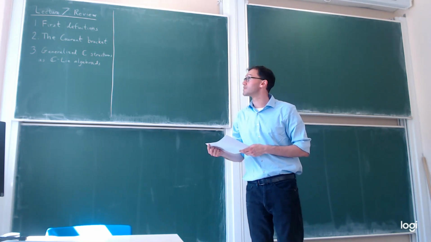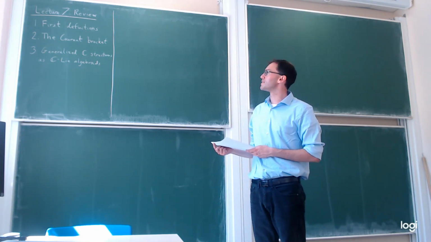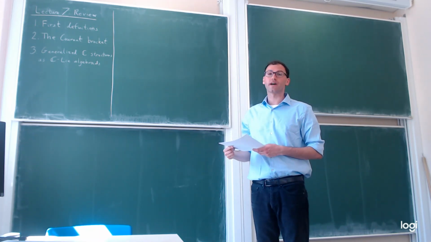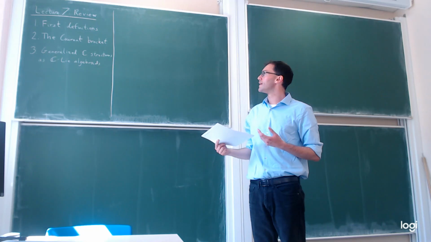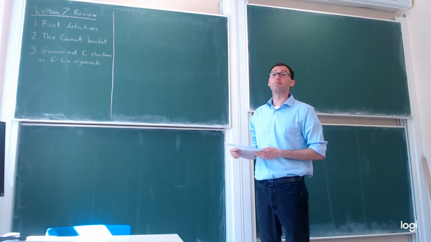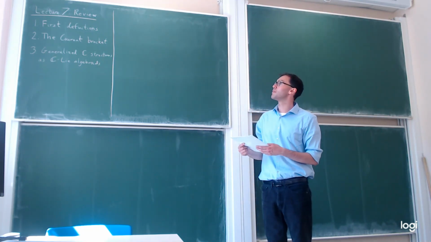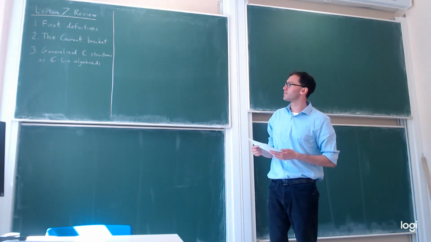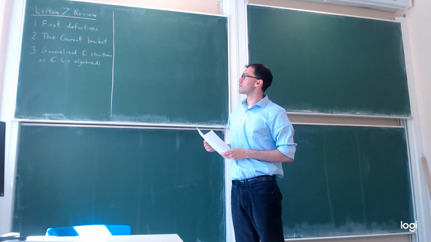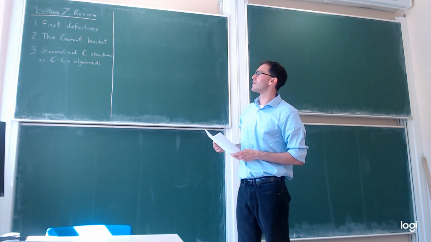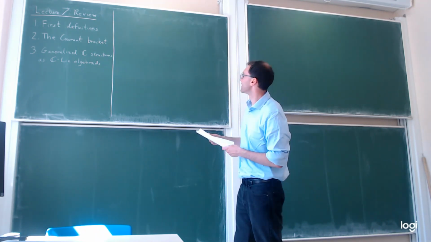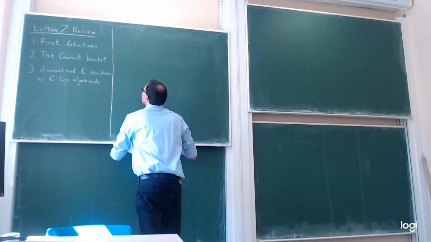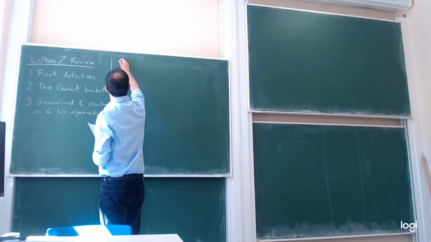And in fact, as we saw earlier, there's more that can be said in terms of part 3, in terms of the complex Lie algebroids. We actually obtain a complex Lie bialgebroid or a sub-bialgebroid of the extended tangent bundle. But for today, I just want to focus on the basic ideas. Okay, so starting with section 1, first definitions.